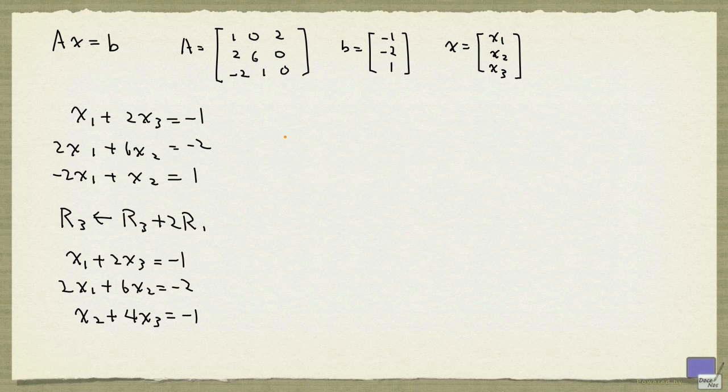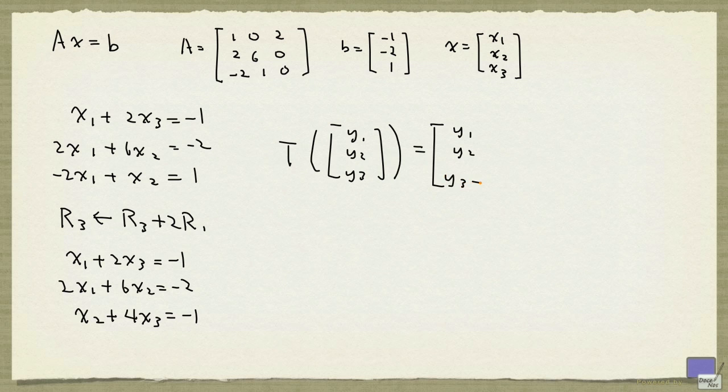Now consider the following linear transformation T. So it takes the input y1, y2, y3 and outputs y1, y2, and y3 plus 2 times y1. So T adds 2 times the first entry to the third entry. And therefore this system here can be written as T of Ax equals T of b.